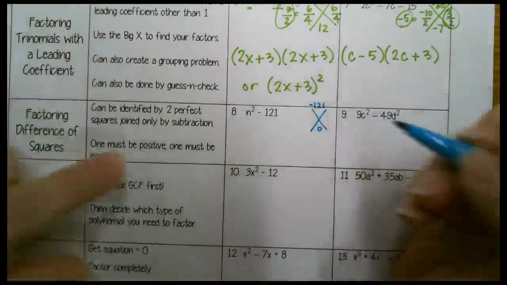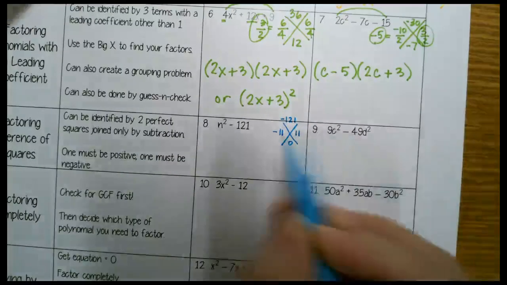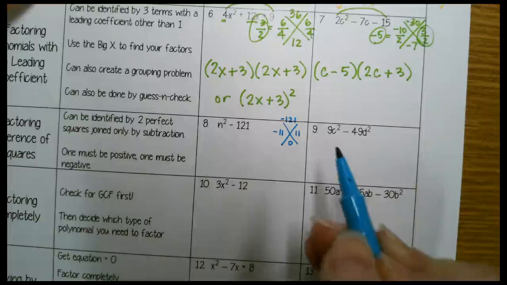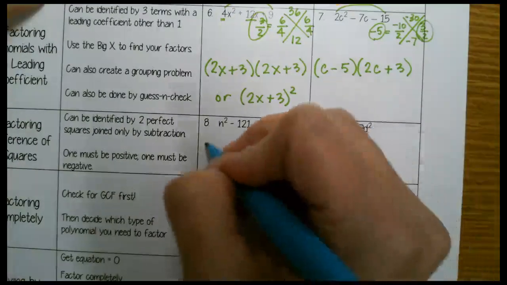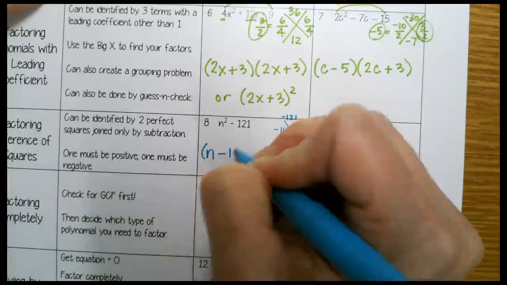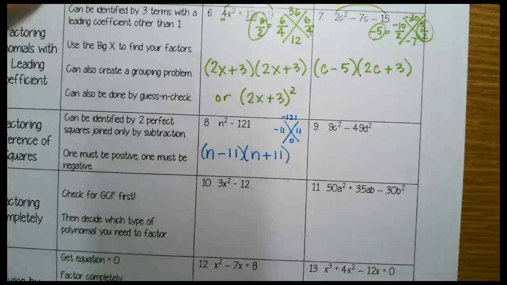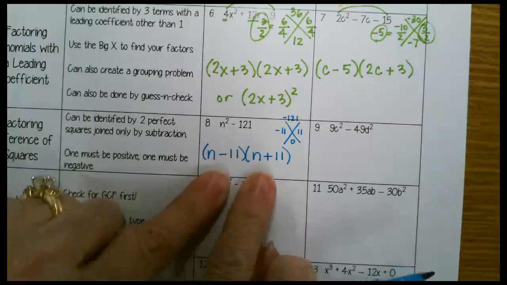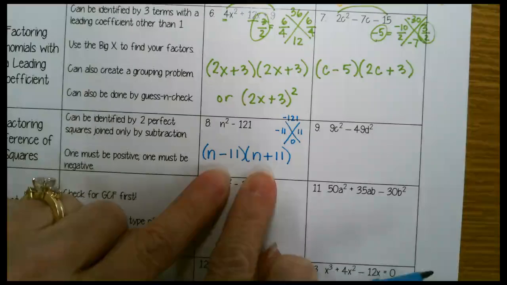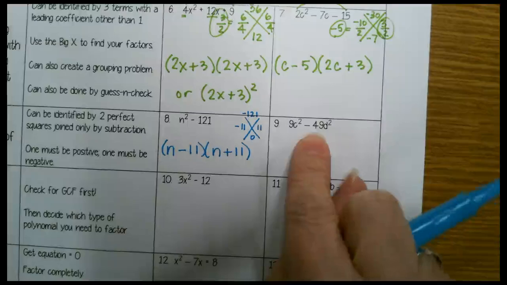So what happens here is they end up being perfect squares, and that would be because negative 11 and positive 11, if I multiplied those, I'd get negative 121. If I add them, I get 0. So this ends up being n minus 11 and n plus 11. So what happens in difference of squares is it's almost identical, except one of them's positive and one of them's negative.